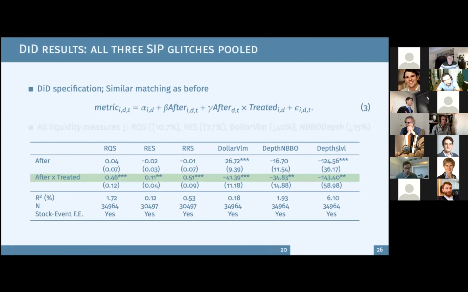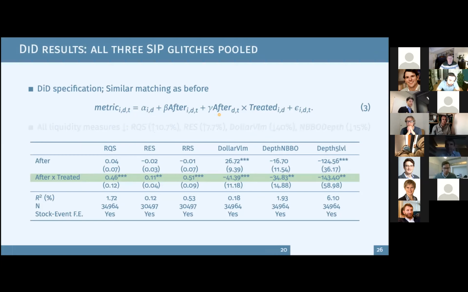In the first regression, I pool the 3 events, and we have a simple interaction term after, which just means 30 minutes after the start of the glitch. And the treated, as I said, if there's an outage in the LYCE SIP, then all the LYCE stocks are treated. And if there's an outage in the Last Stack SIP, then all Last Stack stocks are treated.